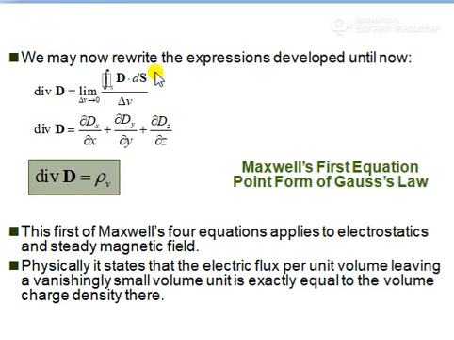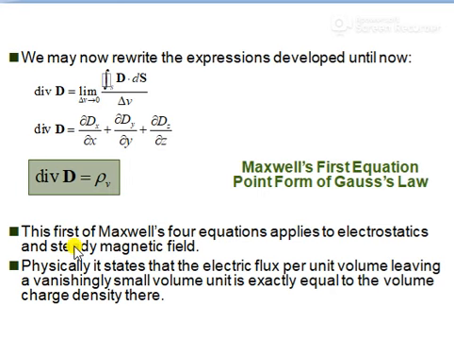Now we may write the expression developed so far as the divergence of D equal to the limit as delta v tends to 0 of the integration over the closed surface D dot dS by delta v, which is rho v, as we defined. This is Maxwell's first equation, the point form of Gauss law: divergence of D is equal to rho v.